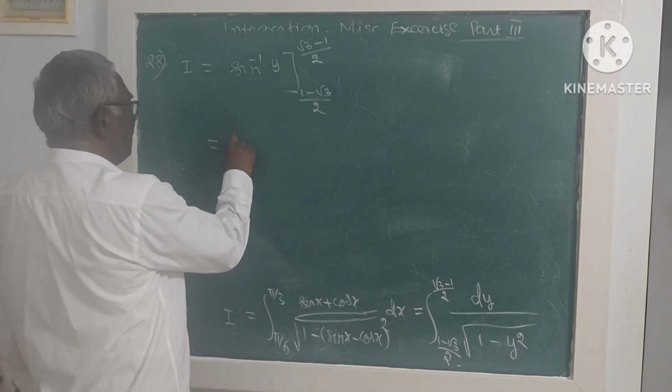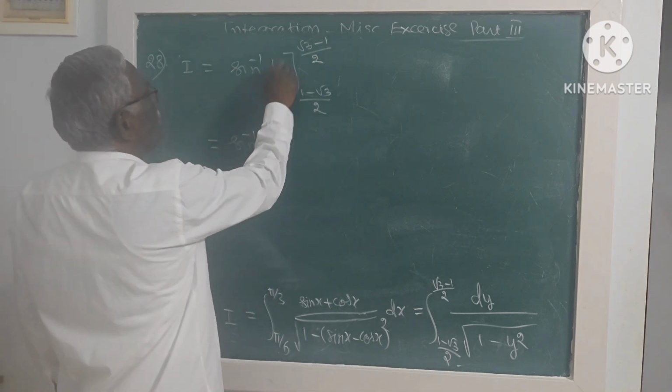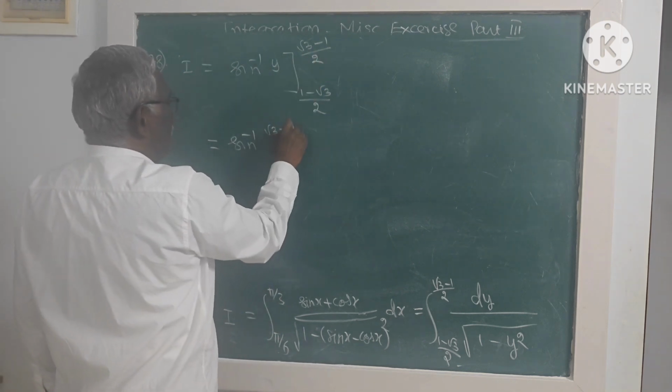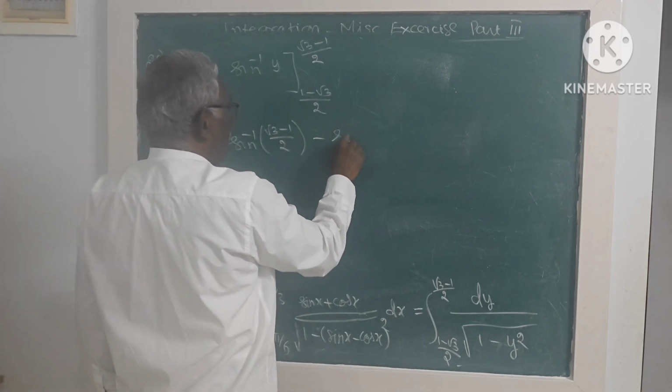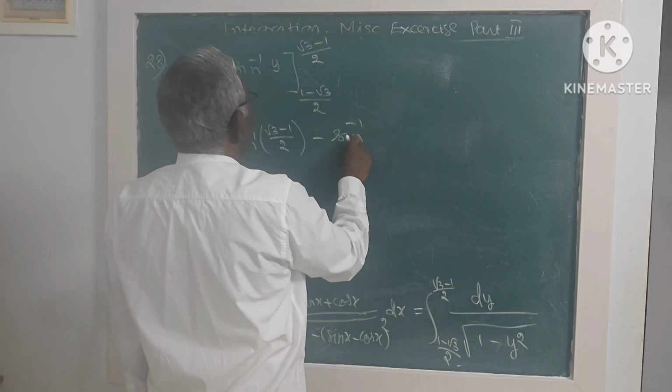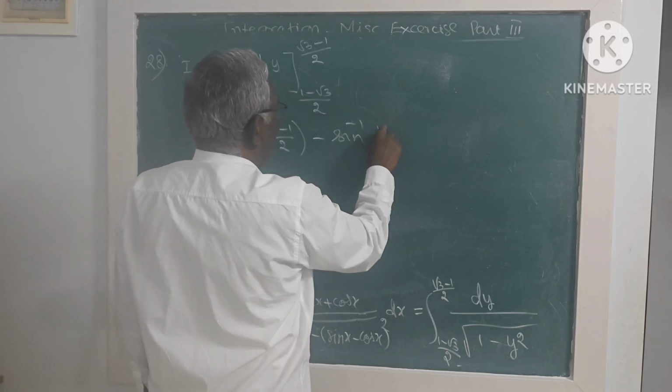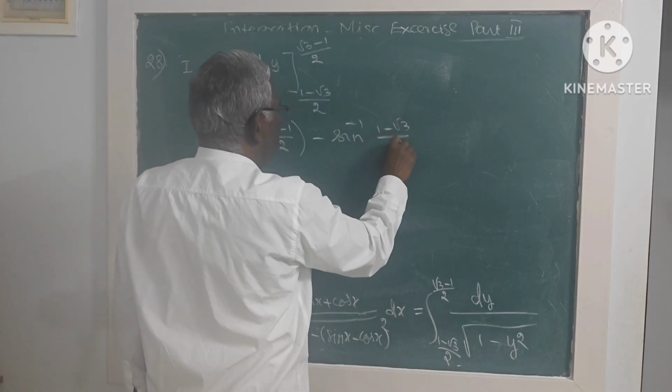Now this will be sine inverse root 3 minus 1 by 2 minus sine inverse 1 minus root 3 by 2.